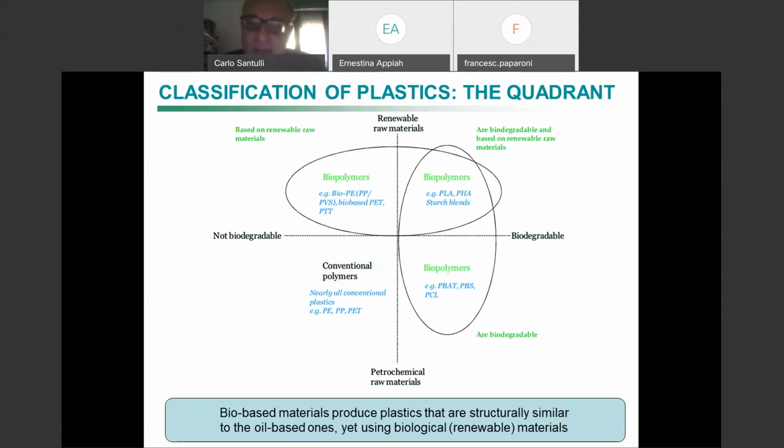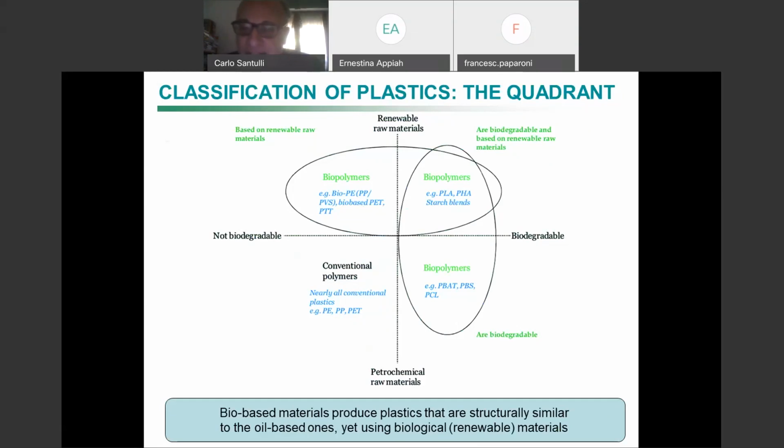Then there is a big question. Between non-biodegradable and biodegradable, there is a big question, which is the velocity. Biodegradability, to be useful, needs to be quite fast. Otherwise, it's not useful for any purpose. I mean, if something degrades, but in thousands of years to decompose, well, this is not of any purpose in reality.